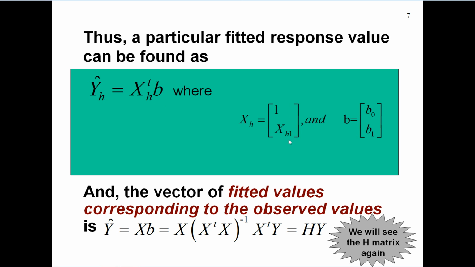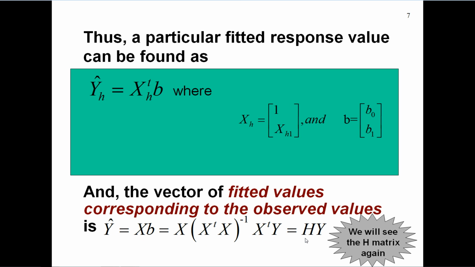Now, if we want the fitted values for all of the data that we have used in constructing our model, we would simply take the matrix of data, remember the column of ones, and multiply it by b. And since b is, as we have discussed, x transpose x inverse times x transpose times y, we have this result, that y hat, that is the fitted values corresponding to the data that we have, can be written as H times y.